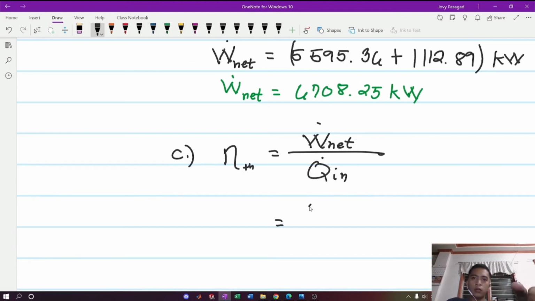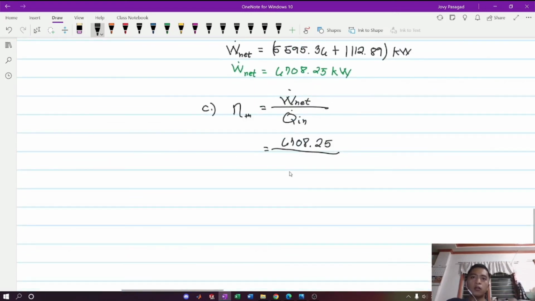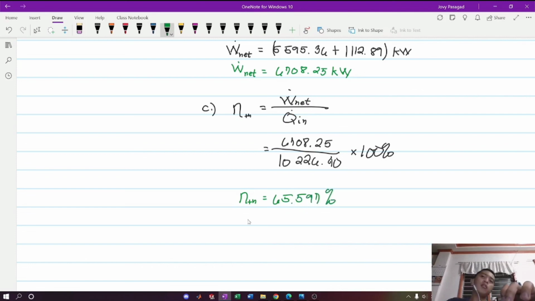So substituting value 6,708.25 over solve tong Q in ganiha, which is 10,226.40 times 100%. So you have a thermal efficiency of 65.597%. So dako na kayo ang thermal efficiency ani.